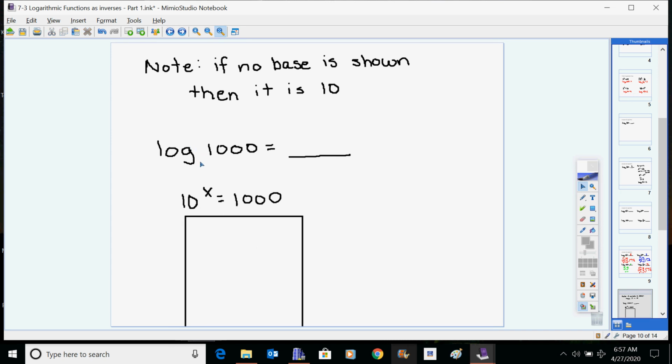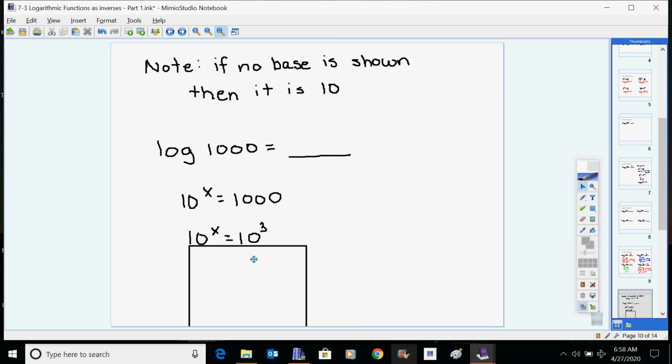So when you don't have a base, it looks like you don't, but this is really a log base 10. So log base 10 of 1,000: 10 to a certain power equals 1,000. So x would equal 3, because 10 to the 3rd power equals 1,000.